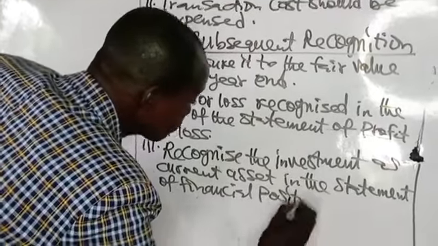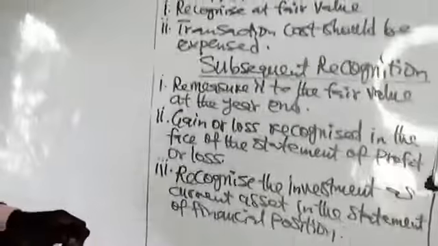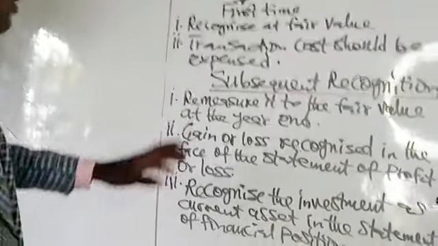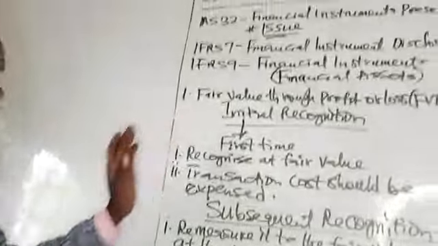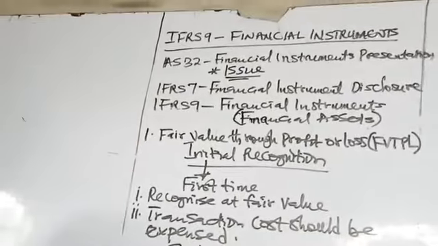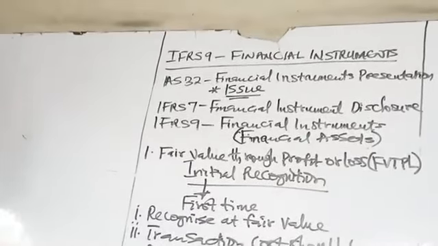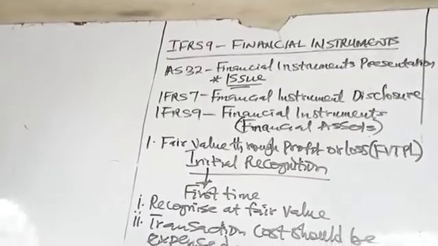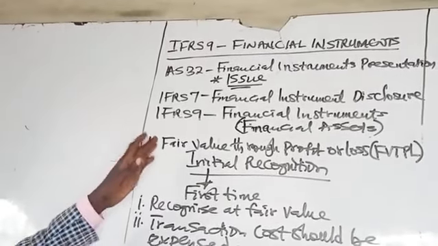So where an investment is measured at fair value through profit or loss, I've told you if the examiner is silent, you know that investment is always recognized at fair value through profit or loss.